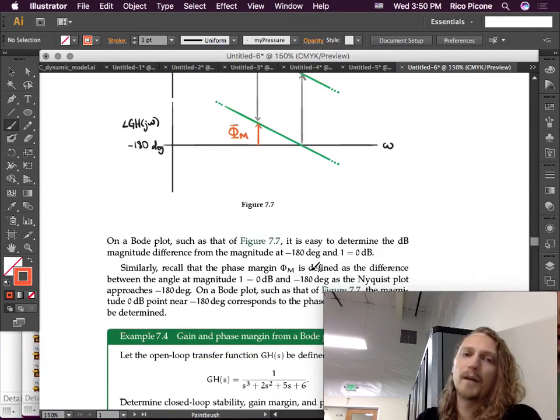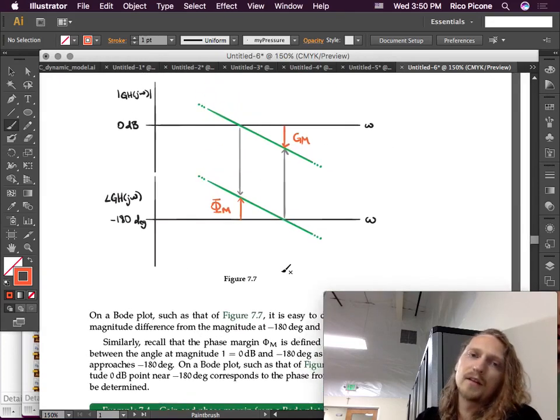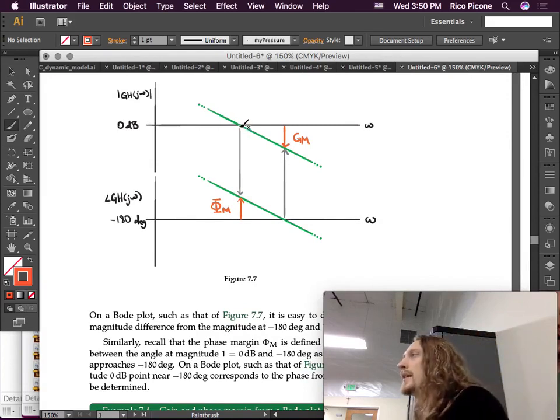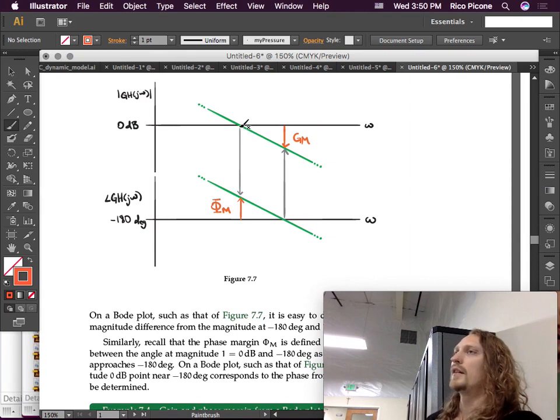So, on a Bode plot, such as that of figure 7.7, say you've got a Bode plot, and we're going to look at it in the region of 0 dB, which corresponds to magnitude what? Not in dB. Do y'all remember? 1. Yeah. 0 dB is just magnitude ratio of 1.